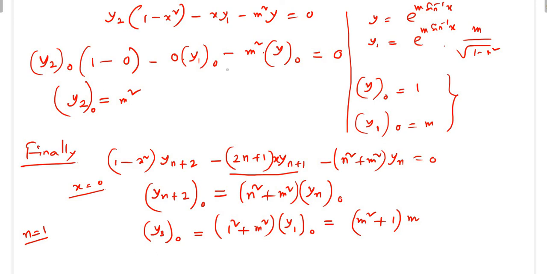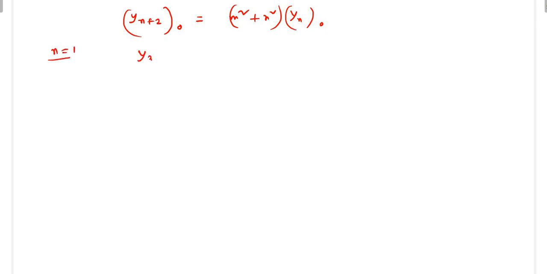Let me write that on the next page. y n plus 2 at 0 equal to m square plus n square times y n at 0. If I put n equal to 1, we get y3 at 0 equal to m square plus 1 times y1 at 0, and this is m square plus 1 times m.